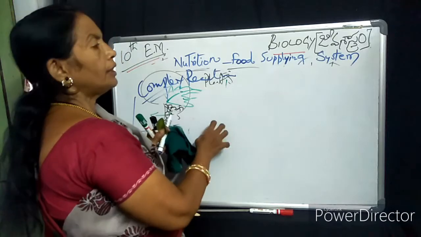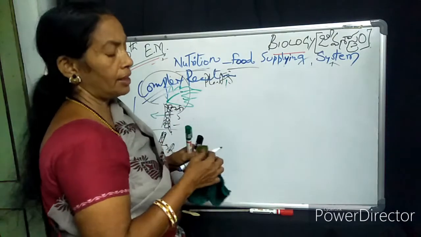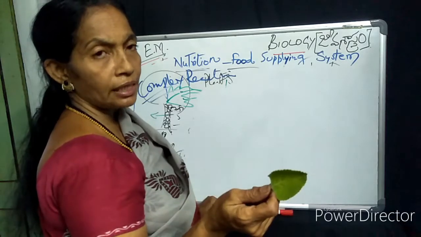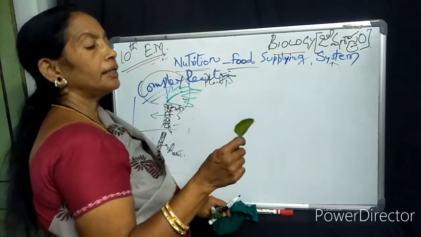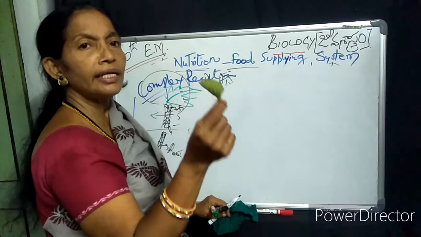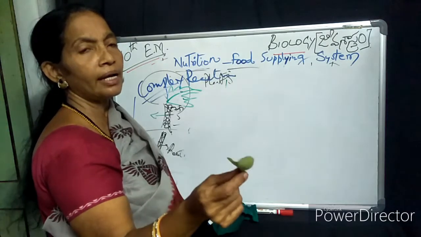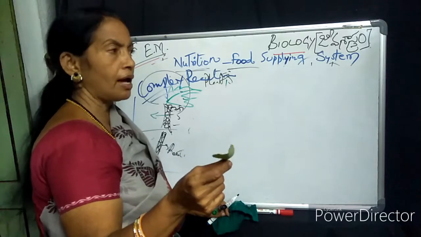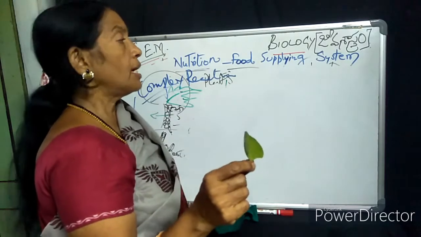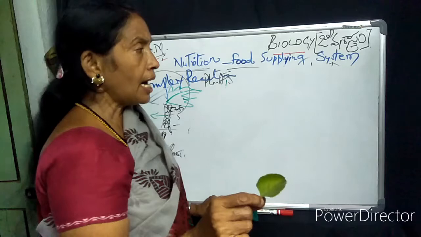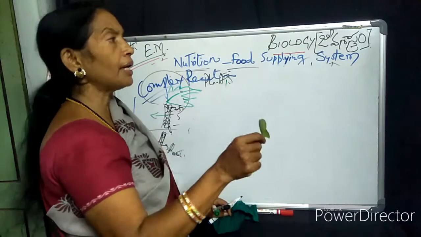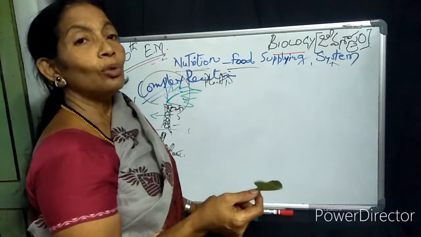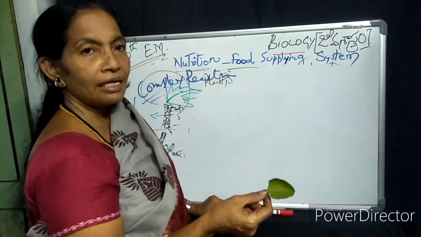We already discussed that photosynthesis occurs in the green leaves of the plant, and in these green leaves there are a number of cells, and in each cell there are chloroplasts. In these chloroplasts the chlorophyll is present, and this chlorophyll prepares the food content, carbohydrate or glucose, in the presence of sunlight.